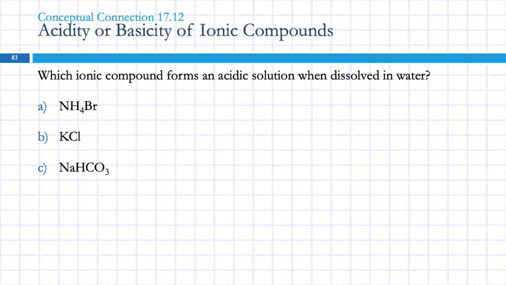Okay, this one's just pick one. Which ionic compound forms an acidic solution when dissolved in water? We want to find something that acts as an acid. What can act as an acid?